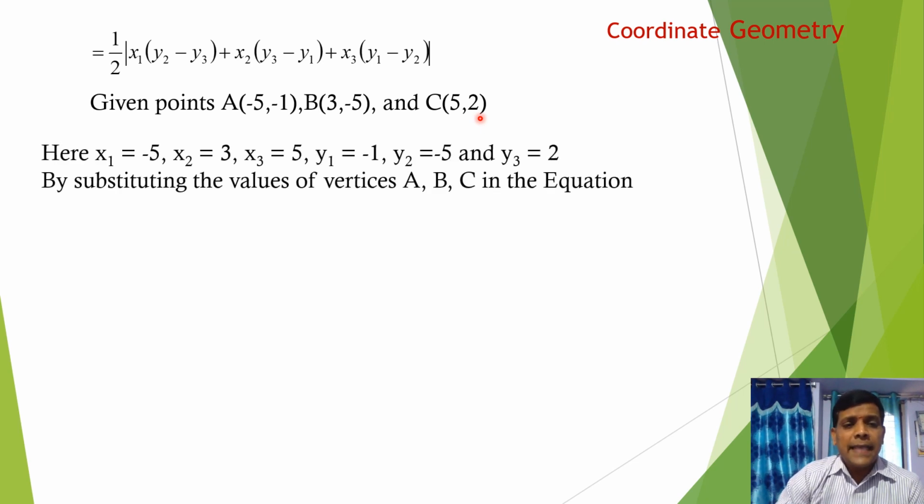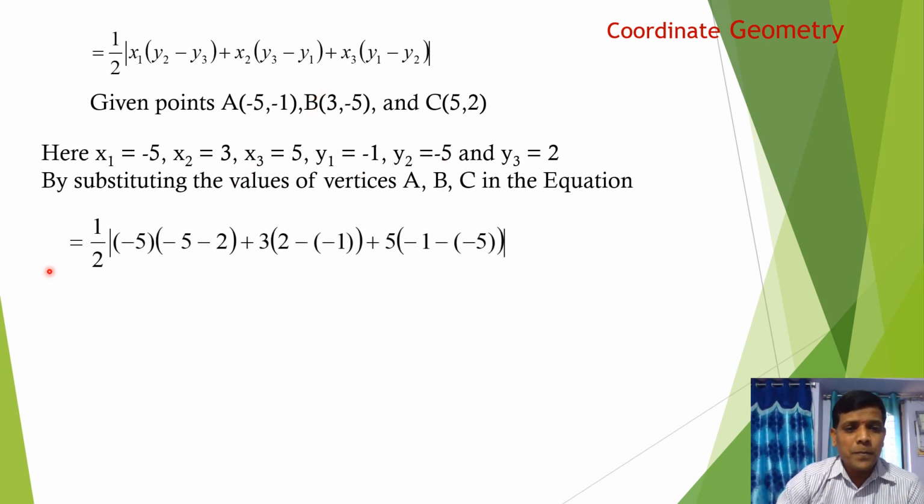Here x1 equals -5, x2 equals 3 and x3 equals 5. Similarly, y1 equals -1, y2 equals -5 and y3 equals 2. By substituting the values of vertices A, B, C in the given equation, we replace the values of x1, y1, x2, y2, x3, y3 in the area of triangle formula.